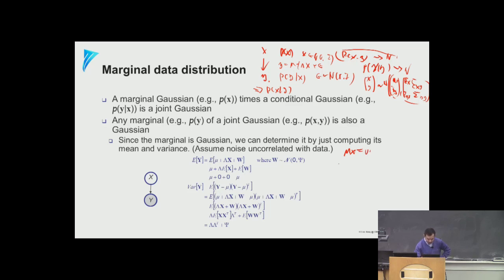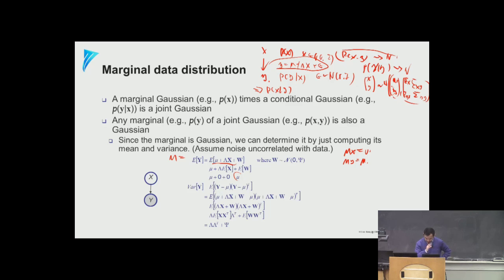And mu y, how do we compute that? Mu y basically equals the expectation of y, and then you plug in this equation into here. And therefore mu y equals mu. Very mechanical.